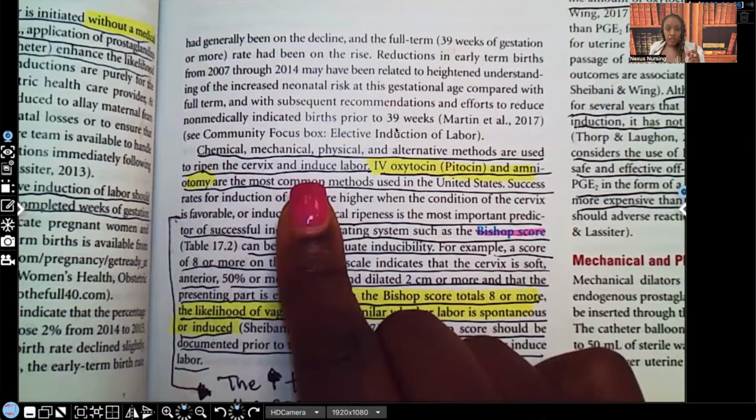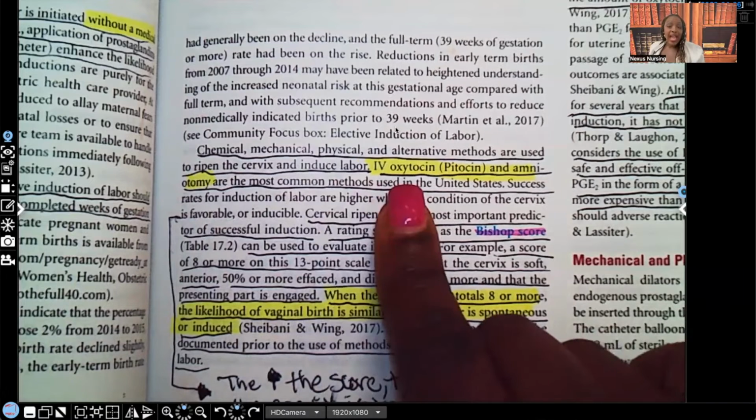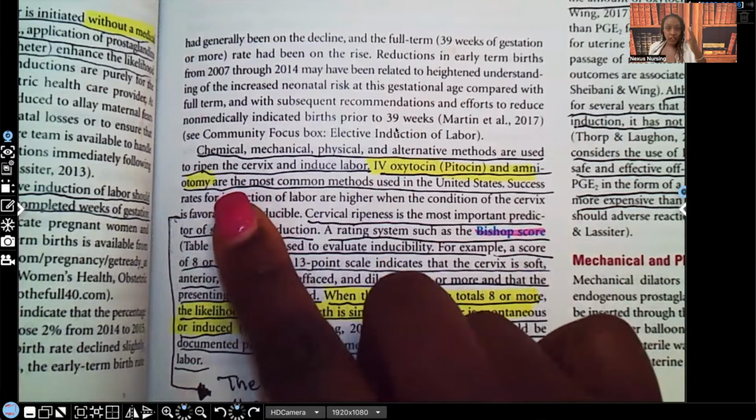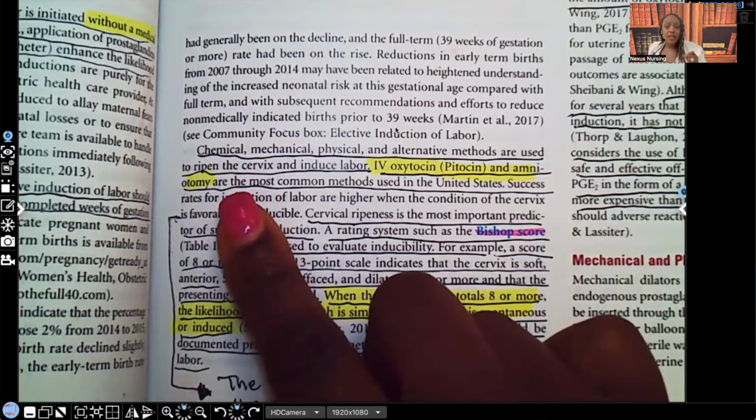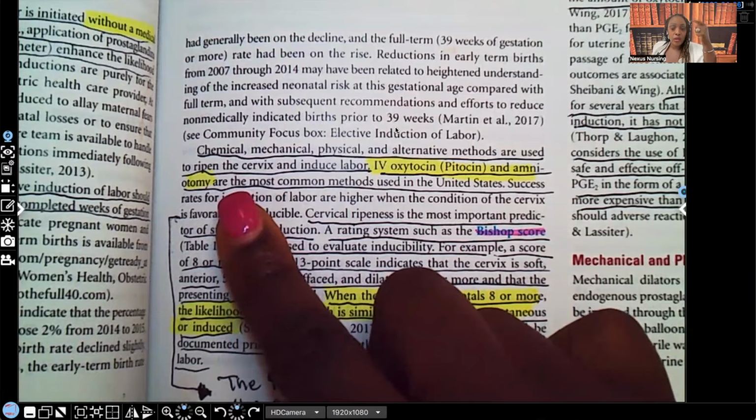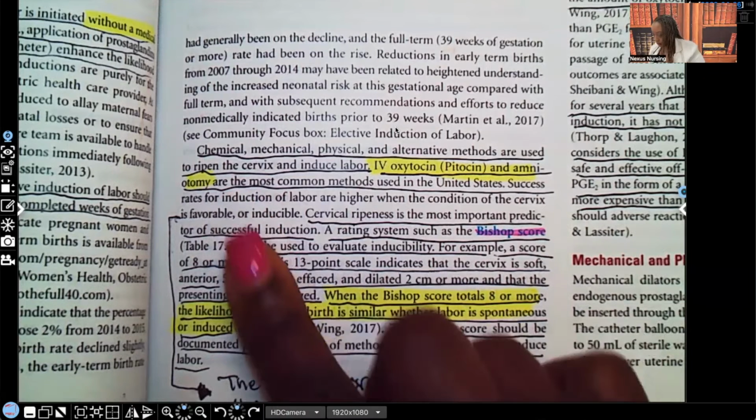Look at this, guys. You need to know this. IV oxytocin, which is your Pitocin, and amniotomy, these two are the most common methods that are used in the United States. Pitocin and amniotomy. Those are the two that they use the most to induce labor.